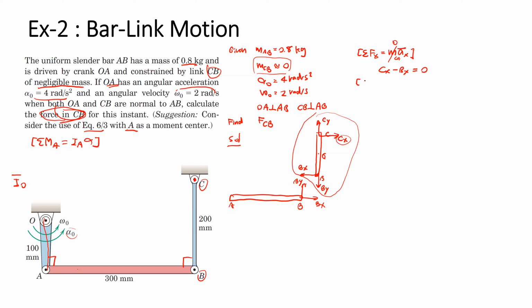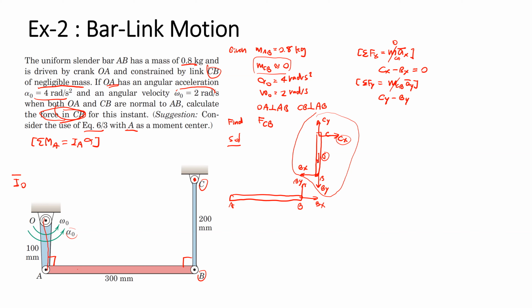Summation Fy equal to m a_y of the center of gravity of the link CB. Again, mass 0. So summation Fy, we have Cy and By.